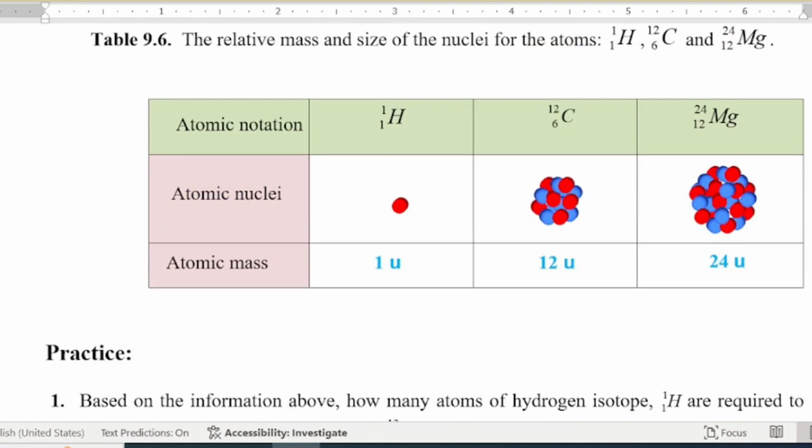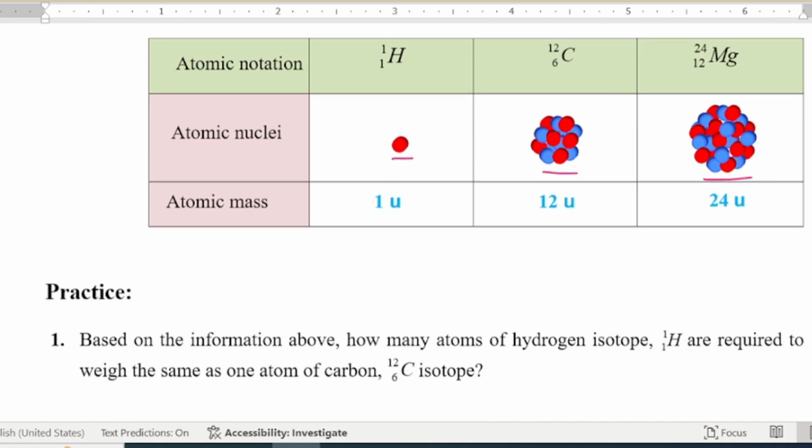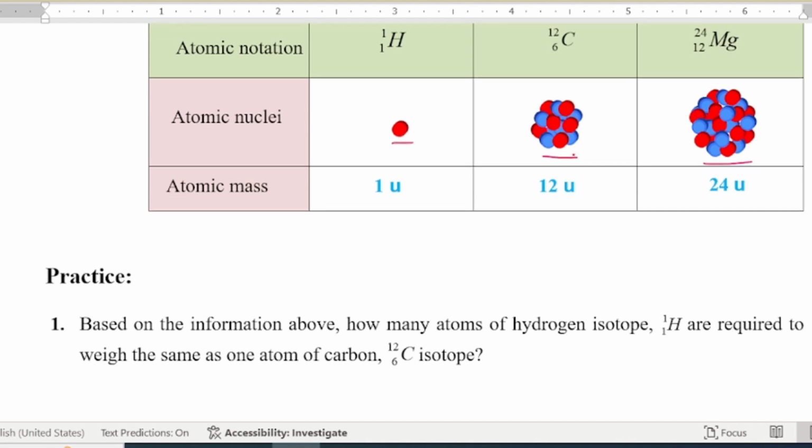Here I'm giving you the nuclei of all of these: that's hydrogen, that's carbon, and that's magnesium. If I ask you how many times do you think that carbon is as heavy as hydrogen? What would you say? If you say 12, then you're right.